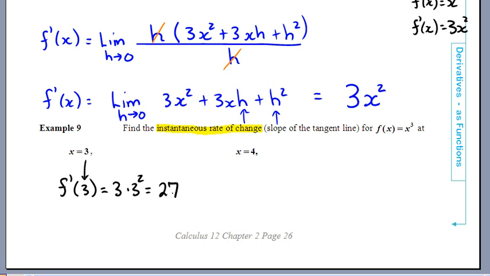And if somebody said, oh, I'm sorry, did I say 3? I really wanted you to find the slope at 4. Not a problem. If I had gone through my limits with the number 3 in there all the way through, I'd have to start all over again. But here, all I have to do is say, oh, you want to put 4? Oh, yeah, sure. We'll find the slope exactly at 4. So that'll be 3 times 4 squared. That ends up being 48.